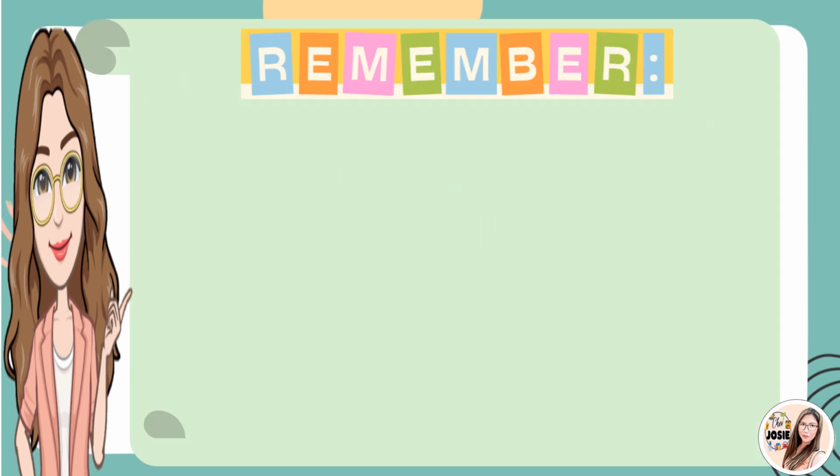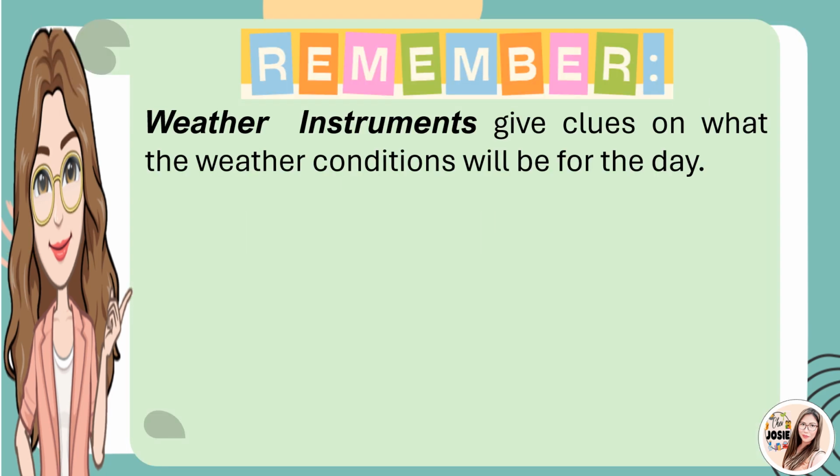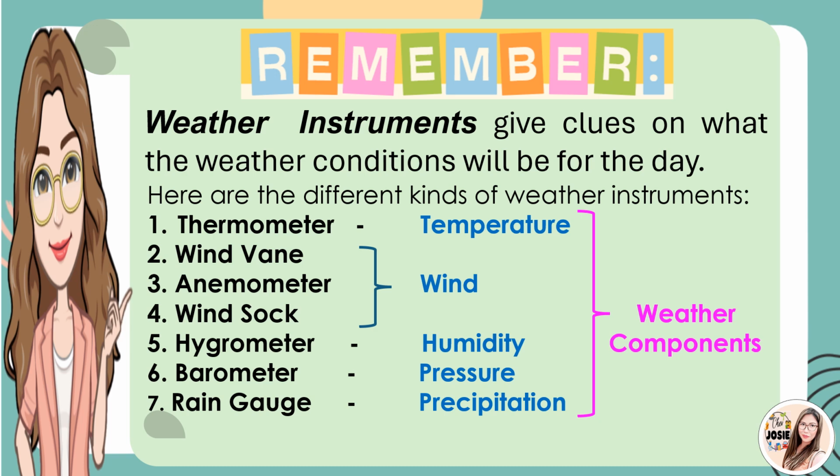To sum up, weather instruments give clues on what the weather conditions will be for the day. Here are the different kinds of weather instruments. First, we have the thermometer. It measures temperature. Wind vane, anemometer, and windsock tell all about the wind.